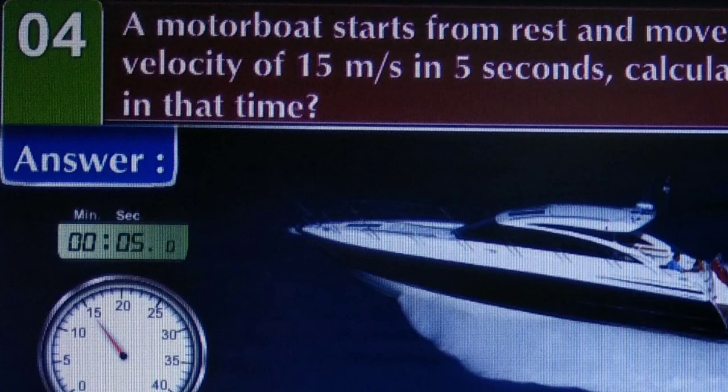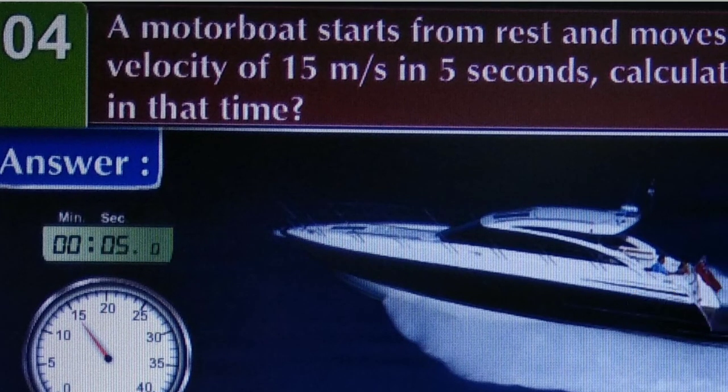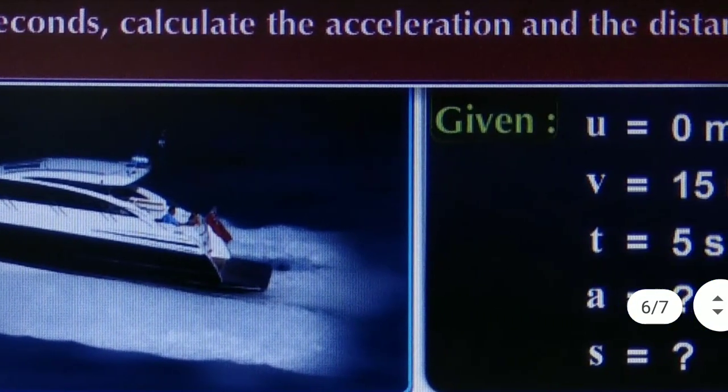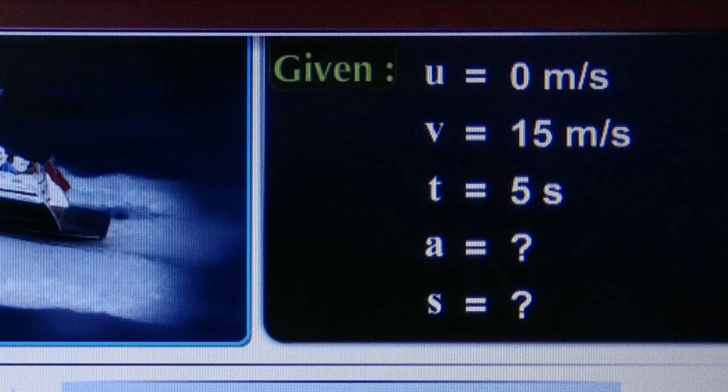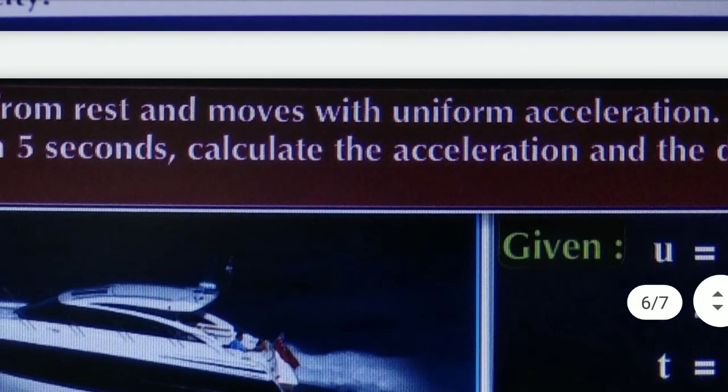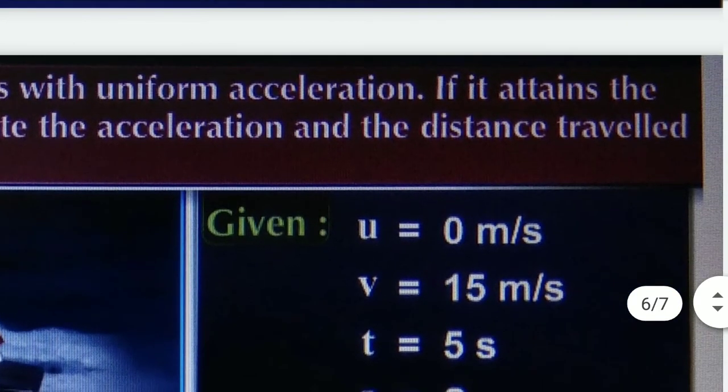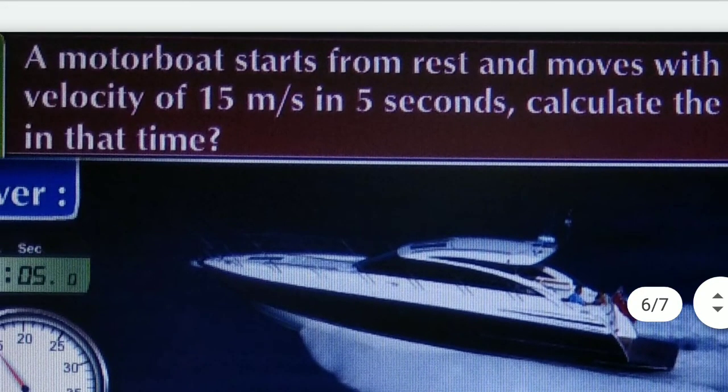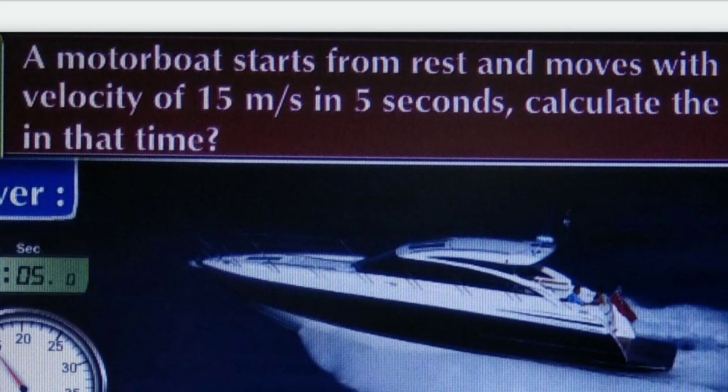A motorboat starts from rest. As it starts from rest, its initial velocity u is equal to 0 meter per second, and it moves with uniform acceleration and attains the velocity of 15 meter per second in 5 seconds.